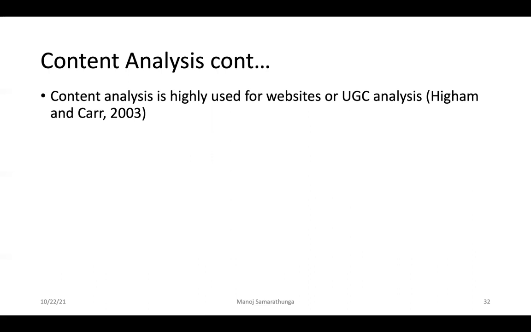So it helps us to reach our objectives without any interference, without being obstructed by outside parties. And we do not even have to walk outside our offices. The data is available on the internet.